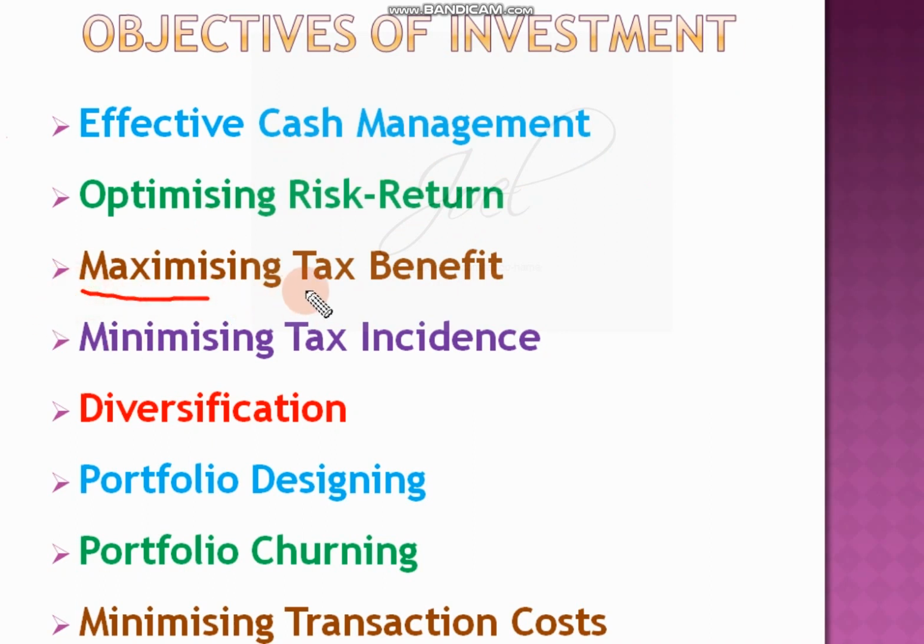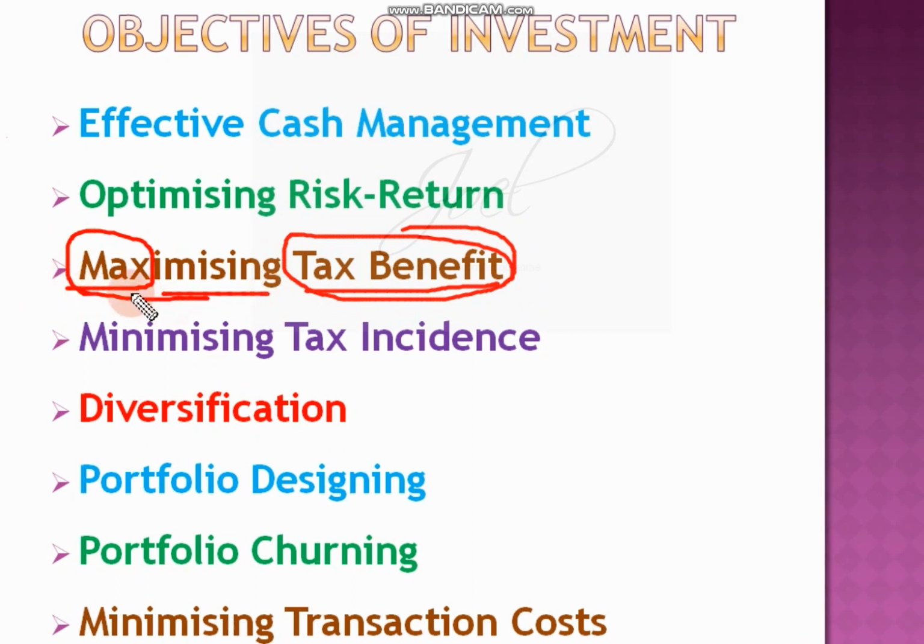Then maximizing tax benefits. Tax benefits you should get, so you have to maximize them. How can you maximize tax benefit? If you keep money in a bank, or in one particular avenue, on your income there is definitely tax. That's why you have to invest smartly. If you invest smartly, you can minimize the tax.